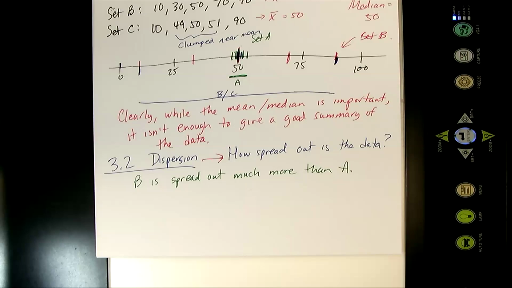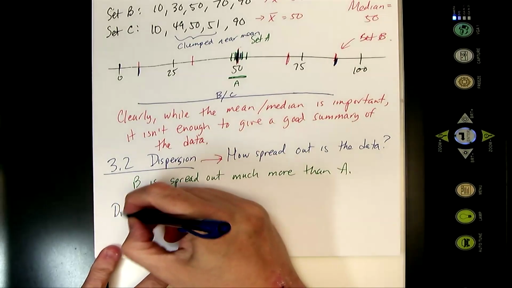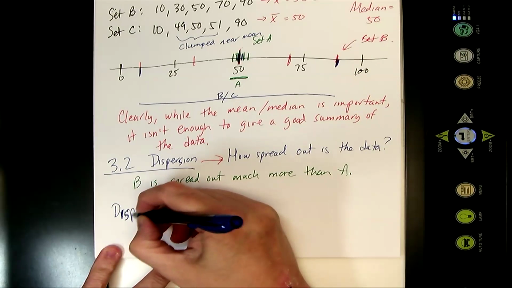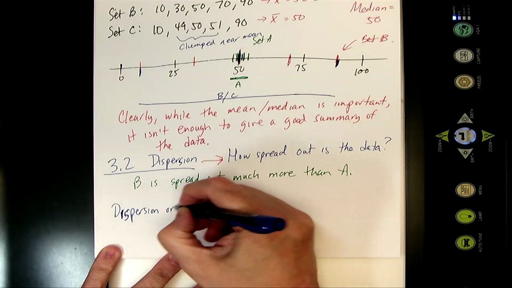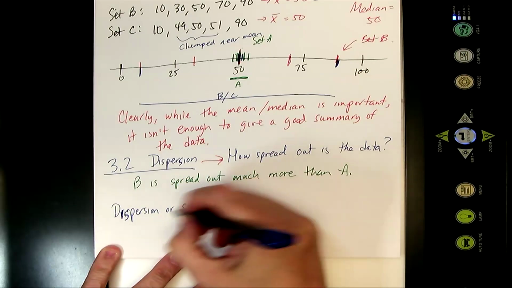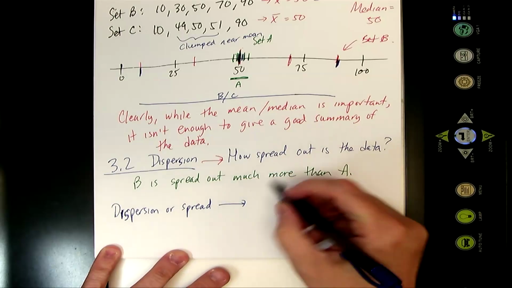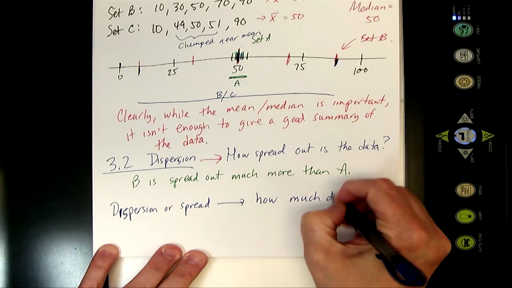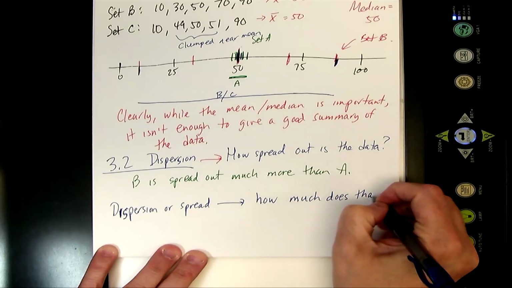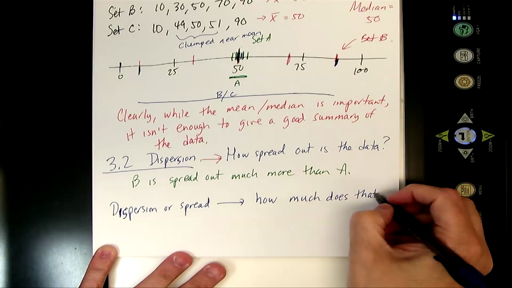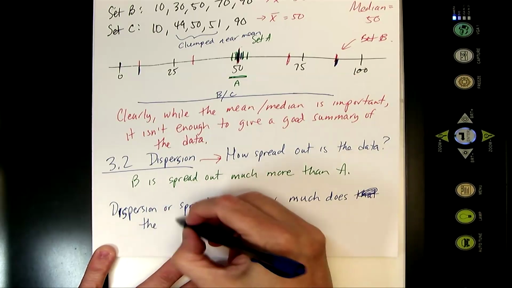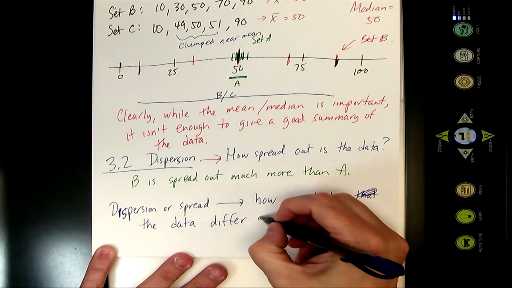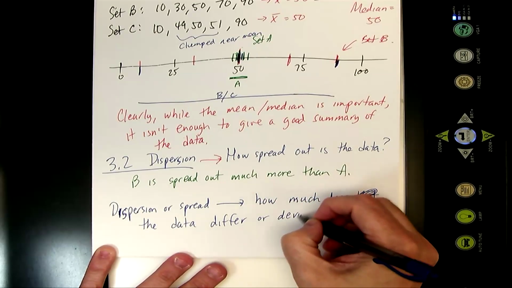Another way of calling this is spread, dispersion or spread. Another idea is how much the data differs or deviates from the mean.